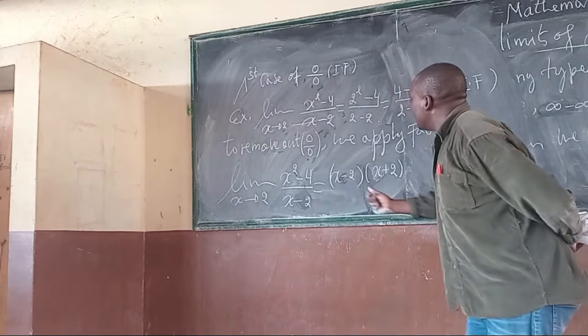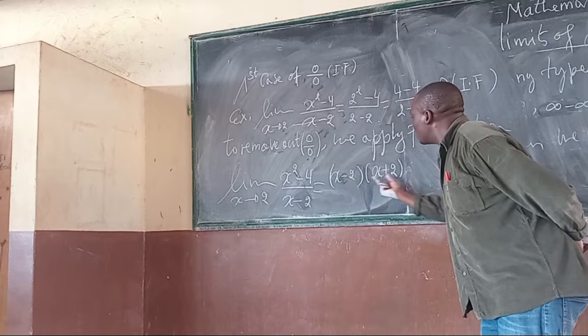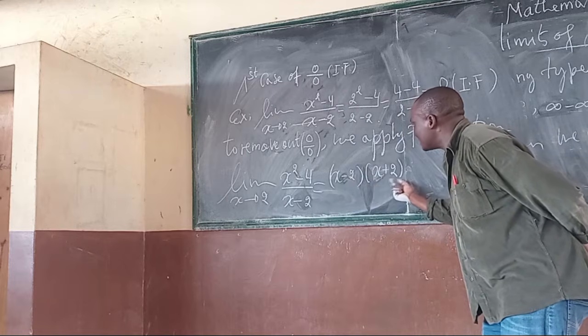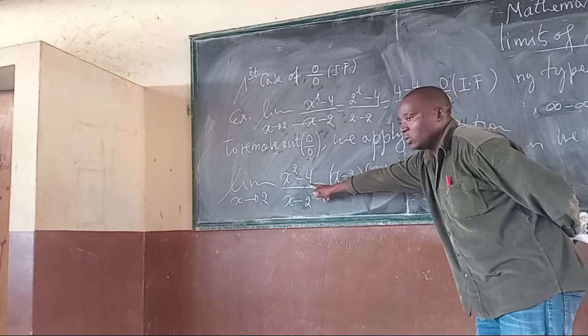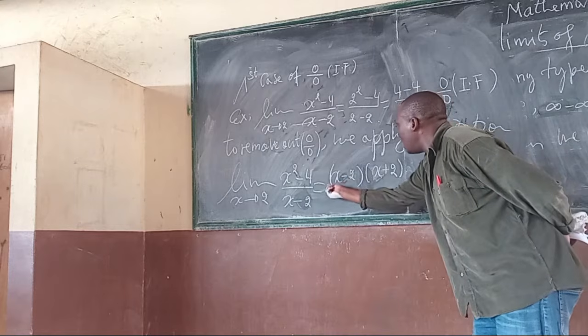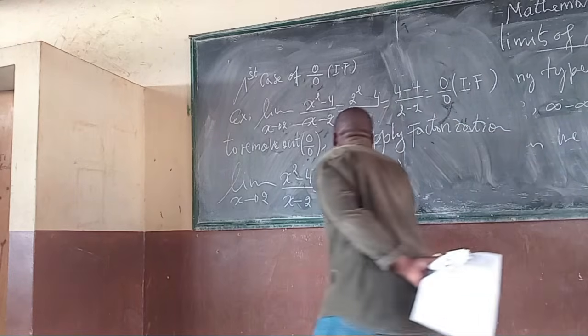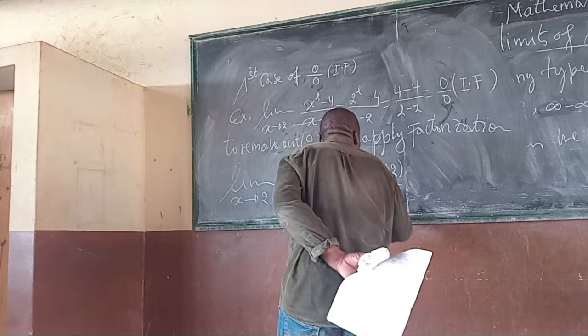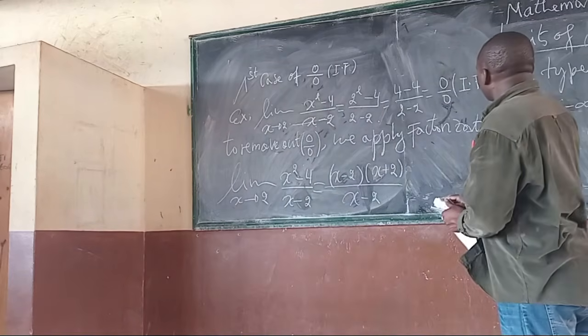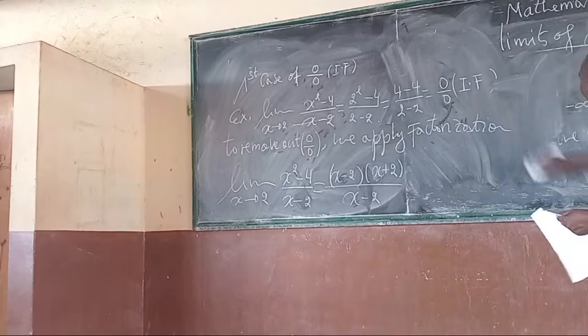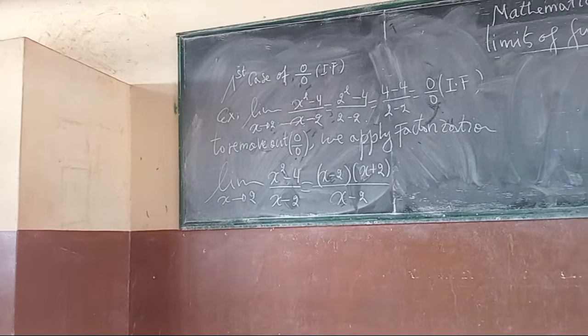Teachers, the product of those two simple factors gives us this big factor, x square negative 4. Then follow me clearly, teachers.